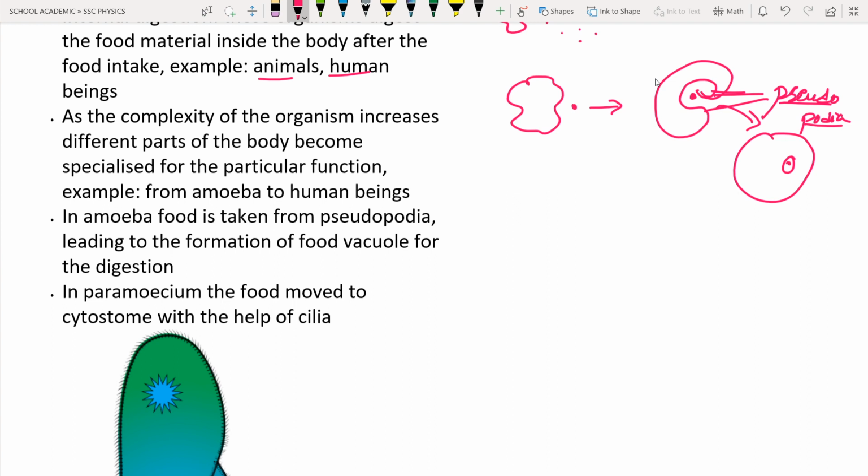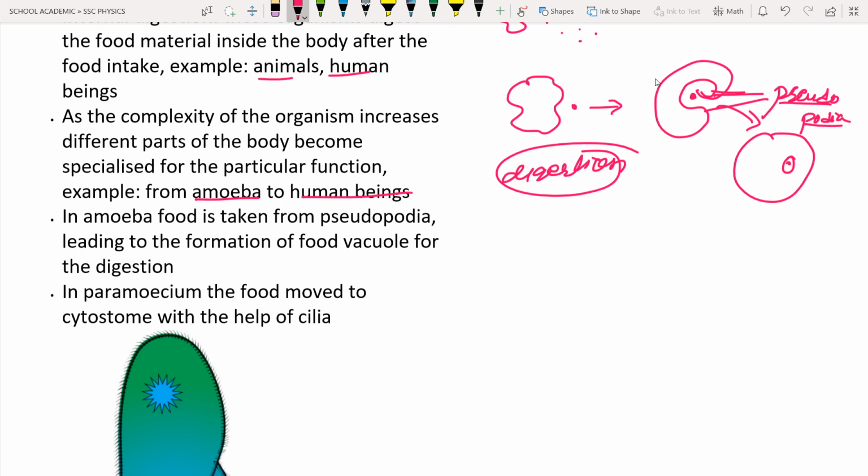This is a huge system, and the complete system is allotted only for digestion. Can you see such a huge system in the amoeba? No, you cannot see such a system in the amoeba. So the complexity is increasing from the amoeba to human beings depending upon the organism.